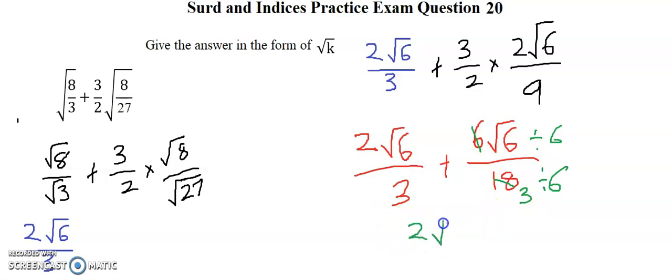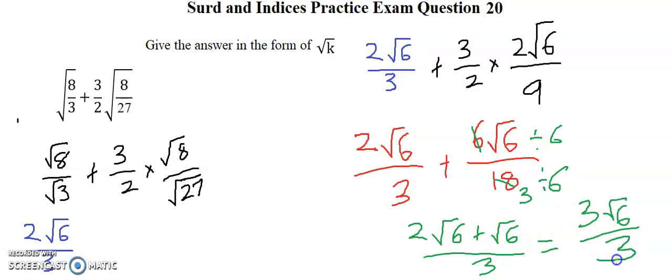We're just adding 2 square root 6 plus square root of 6, over 3. So if I've got 2 square root of 6 plus square root of 6, that gives me 3 lots of square root of 6. And if I'm dividing it by 3, I'm just left with square root of 6. So my answer is square root of 6, and k must be 6.